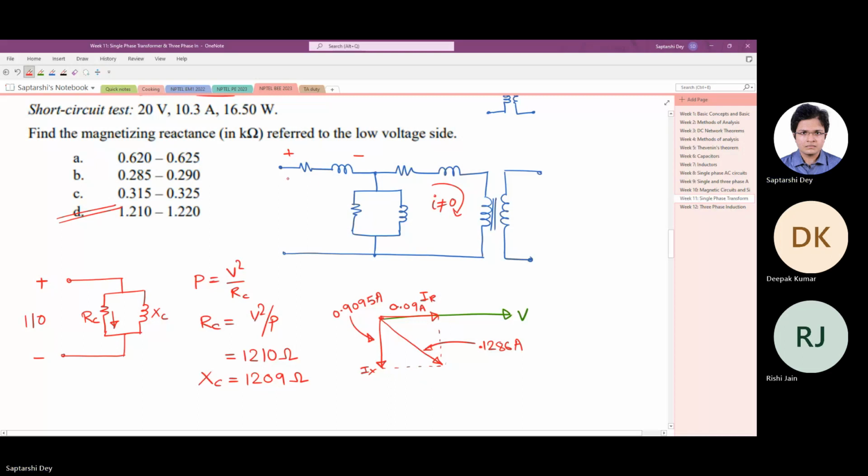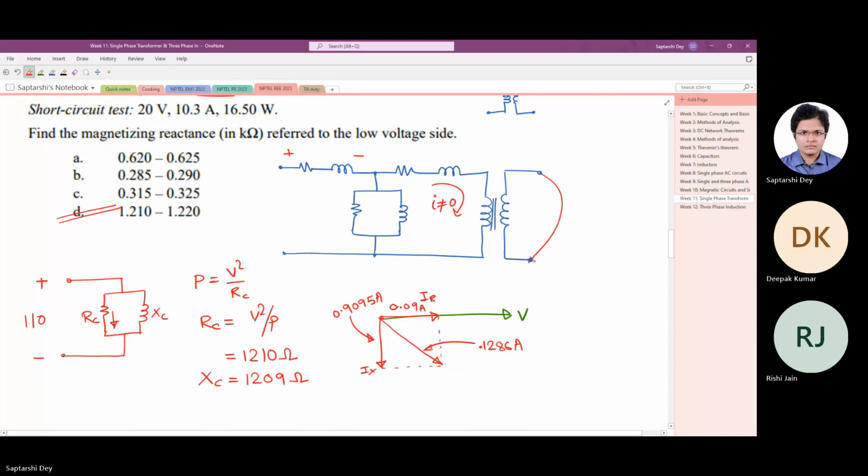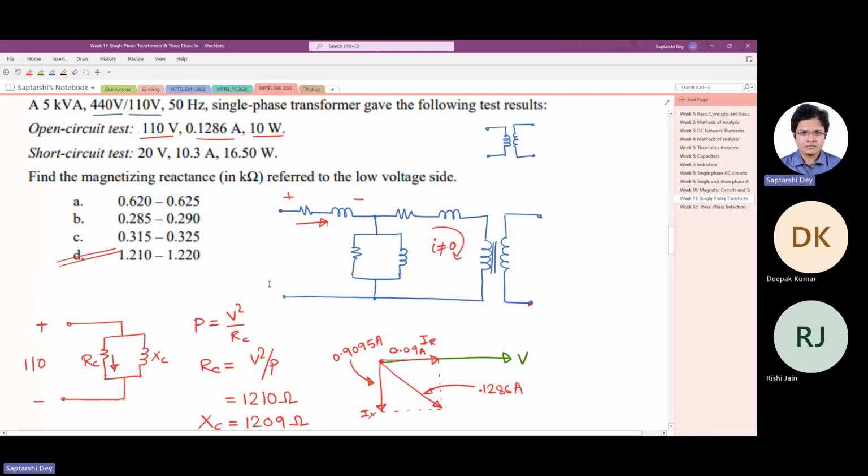Since the transformer is short circuited at one end, to send rated current from the other terminal, we will not require the full voltage, since it is not loaded, it is short circuited. But since it is short circuited, it will carry the full current.